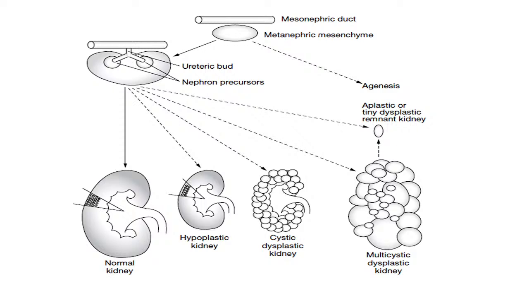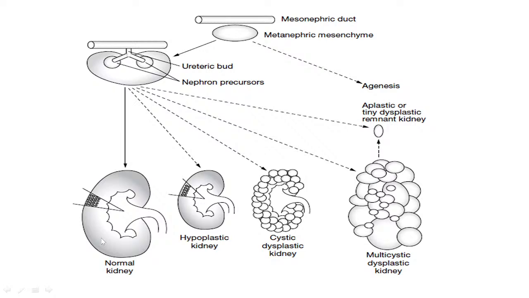Now, we are seeing here the developmental cascade. From the mesonephric and metanephric mesenchyme and the duct system, there is development of ureteric buds and of nephron precursors. They develop and take the shape of a normal kidney with fetal lobulations.